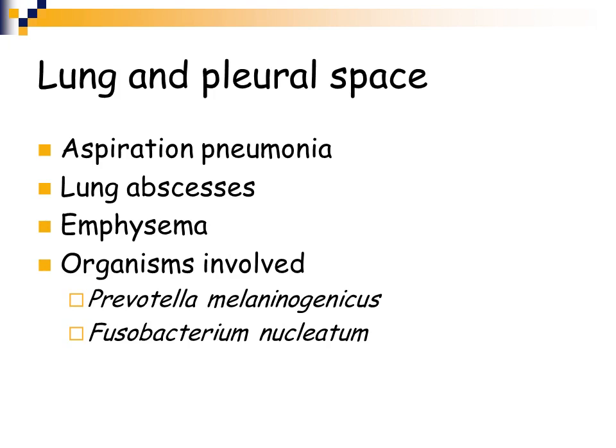More commonly, if your anaerobes are involved, it is going to be an abscess. So this would be a lung abscess, which can occur in individuals with underlying lung diseases like emphysema, and the organisms that might be involved are Prevotella melaninogenica and Fusobacterium nucleatum.